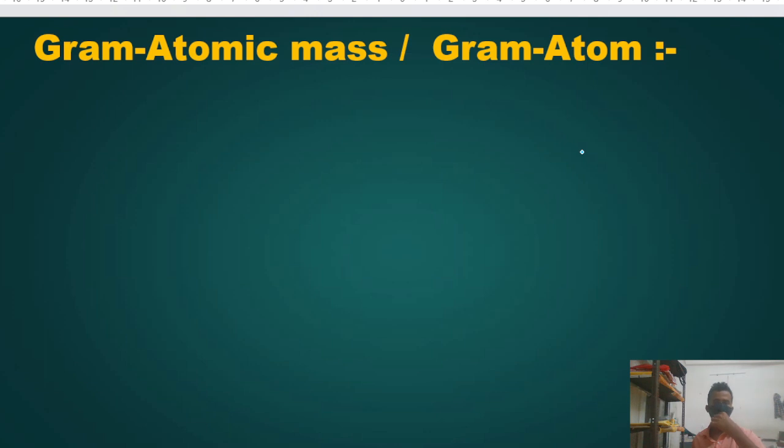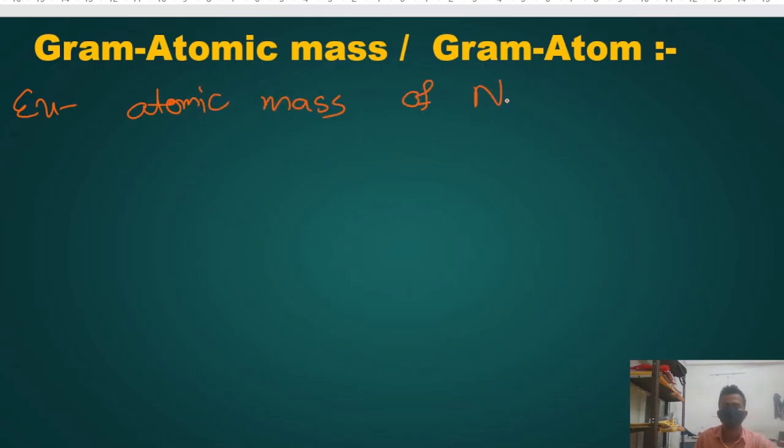Okay, then let's go to the next topic, that is gram atomic mass or gram atom. What is gram atomic mass or gram atom? Let's start with an example. We know that the atomic mass of nitrogen is equal to 14. When this atomic mass is expressed in grams, that is, when the atomic mass of an atom is expressed in gram, then that is called gram atomic mass.